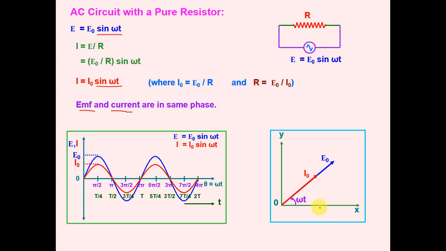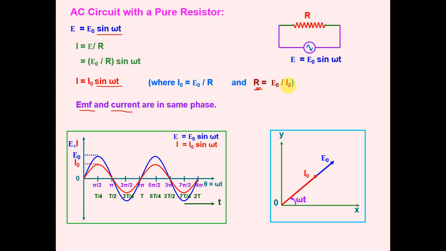So the important points from this topic are that the current and the EMF are in the same phase, and the resistance, that is the opposition offered to the flow of the current, is epsilon naught over I naught, that is the peak value of EMF over the peak value of the current.